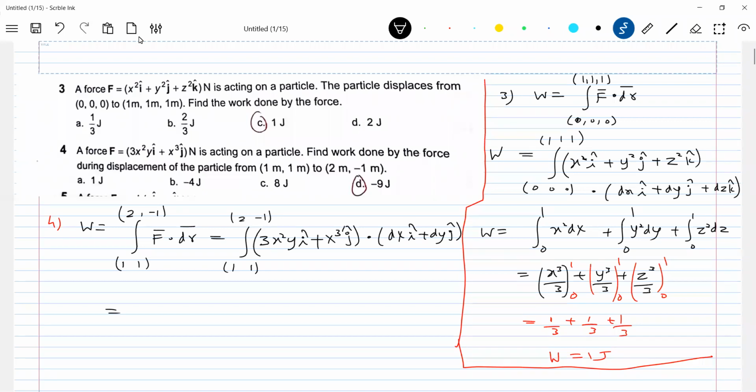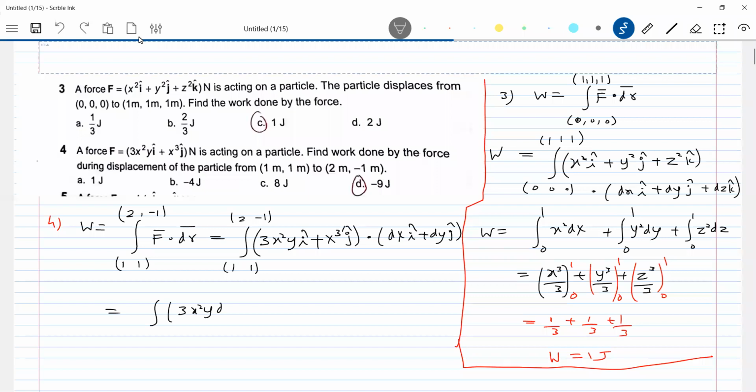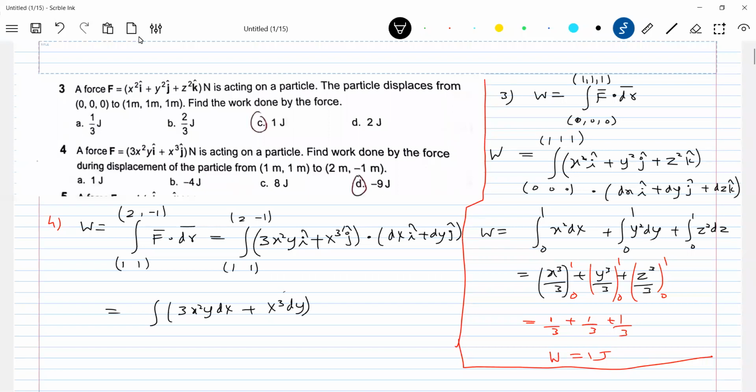Then 3x square y is there, so let's multiply this. i dot i: so 3x square y dx plus x cube dy, and the limit is further (1, 1) to (2, -1).